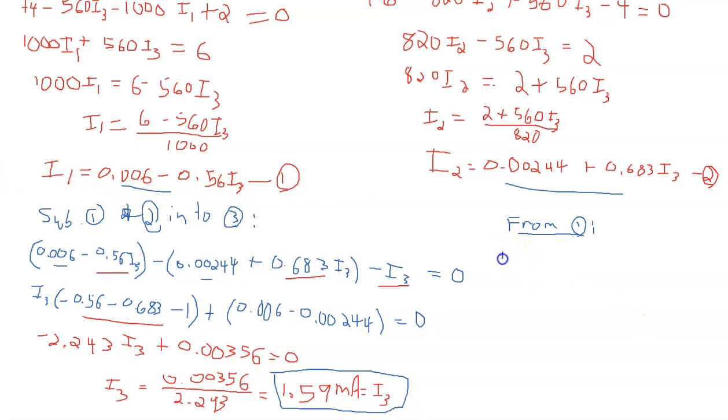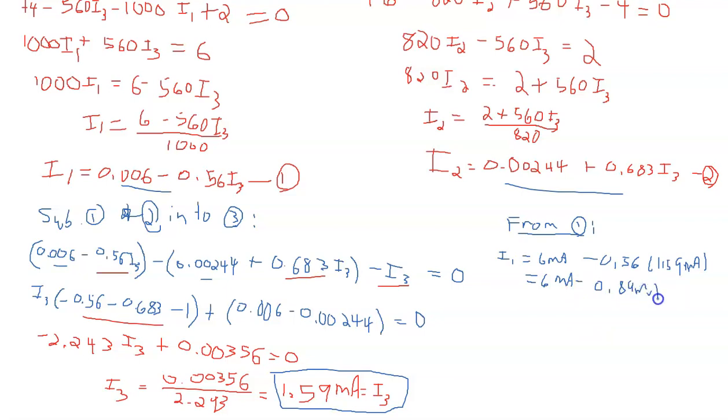So I1 is equal to 6 milliamps, subtract 0.56 times 1.59 milliamps, and so 6 milliamps subtract 0.89 milliamps.